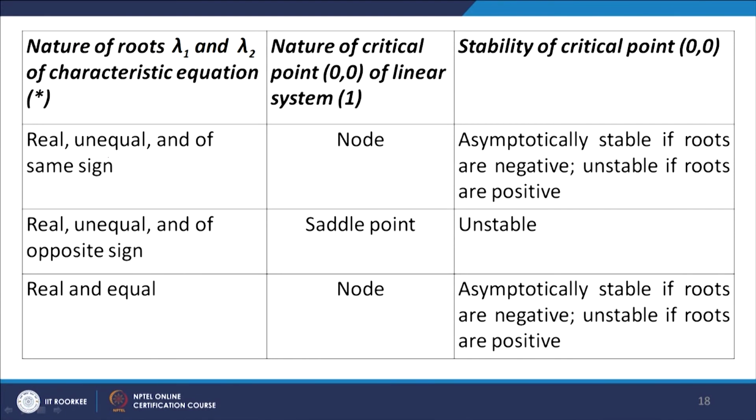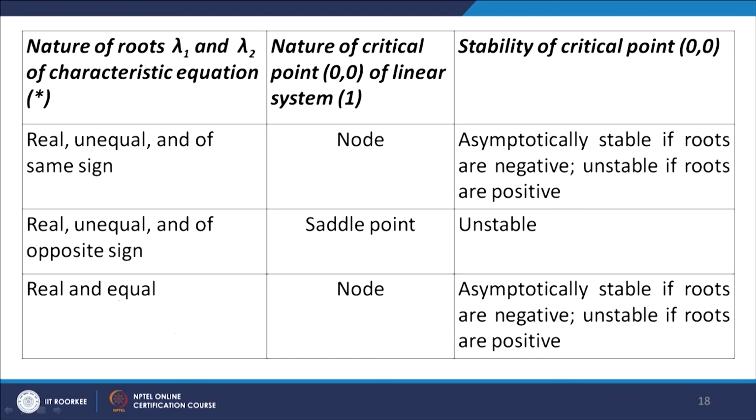If the eigenvalues lambda 1, lambda 2 of the characteristic equation of the matrix A are real, unequal and of the same sign, then the critical point of the linear system is a node. It is asymptotically stable if the roots are negative. It is unstable if the roots are positive. If the eigenvalues lambda 1, lambda 2 are real, unequal and of opposite sign, then we have a saddle point and the critical point is unstable.